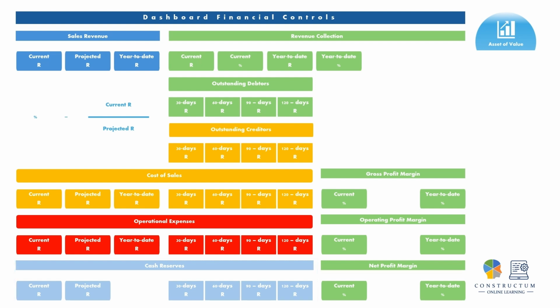The last item to include is profitability. I recommend the inclusion of 3 profitability ratios. Gross profit margin is equal to sales revenue minus cost of sales over cost of sales. All this information as per the profit and loss statement. This ratio reflects the profitability of trading activities.